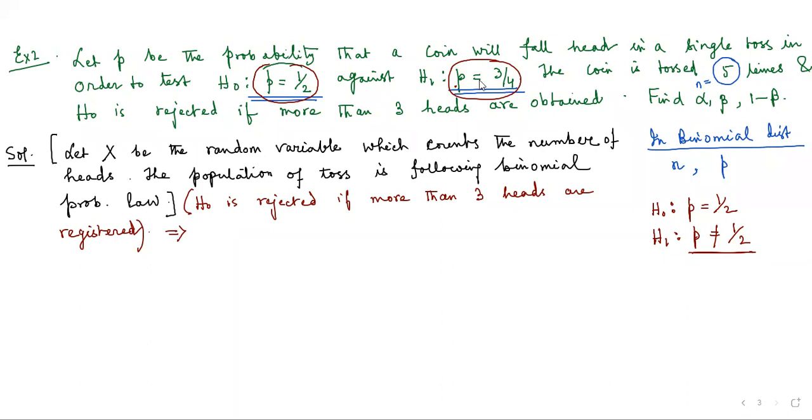This implies that the critical region, if I denote this critical region by a set called W, is actually the region where X is greater than 3.